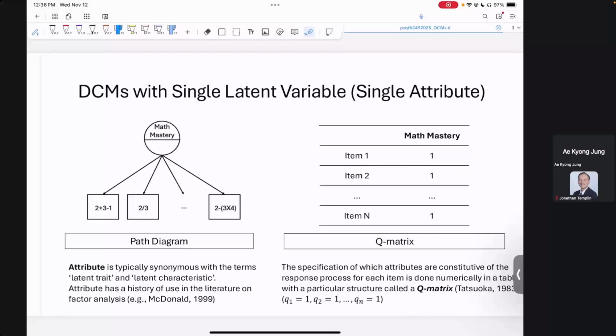So we can indicate this matrix with 0 or 1. So we can tell if an item is measuring this latent variable or not. This arrow should be in here. So this Q matrix doesn't seem very necessary here, but if we have multiple latent variables, then it will be very important.